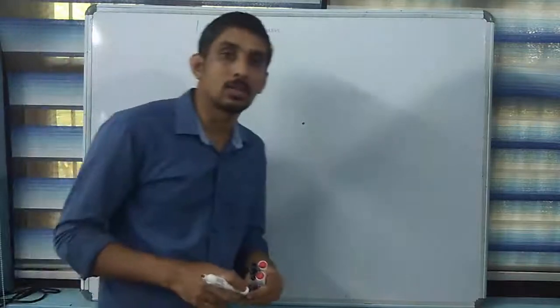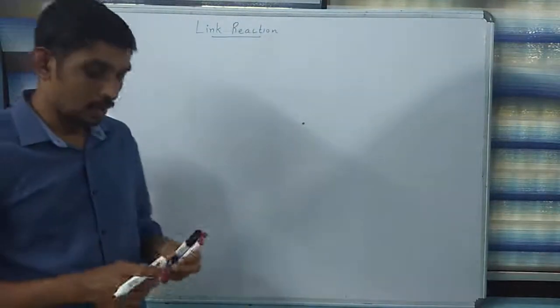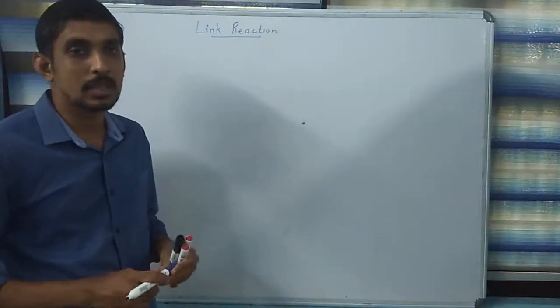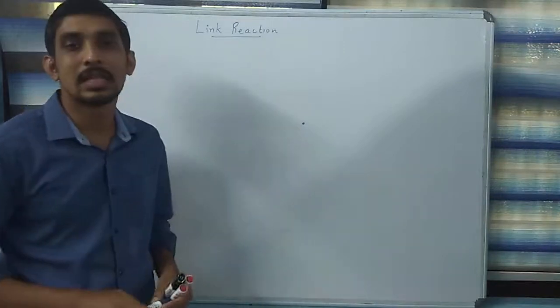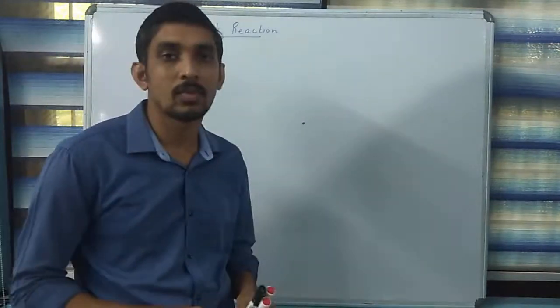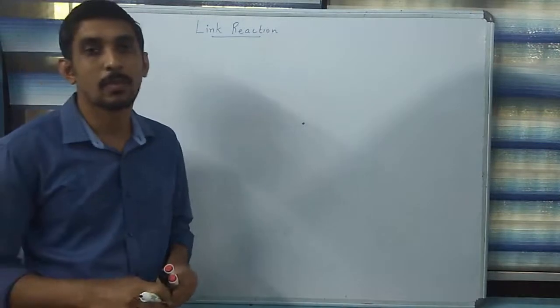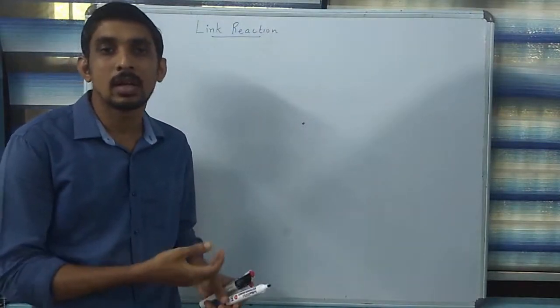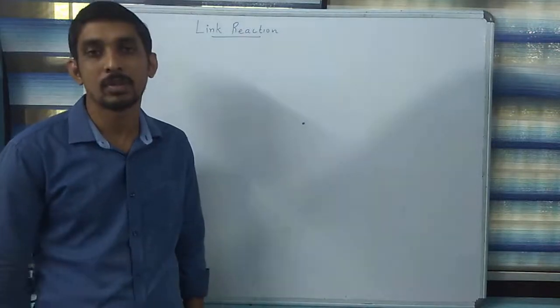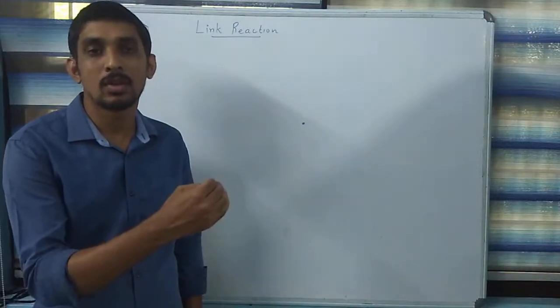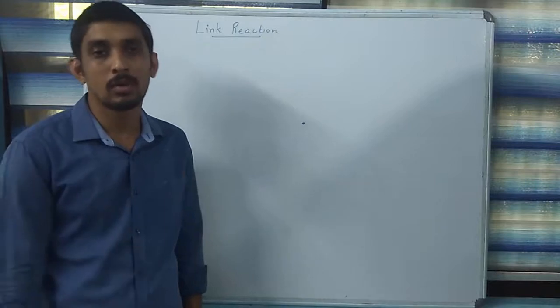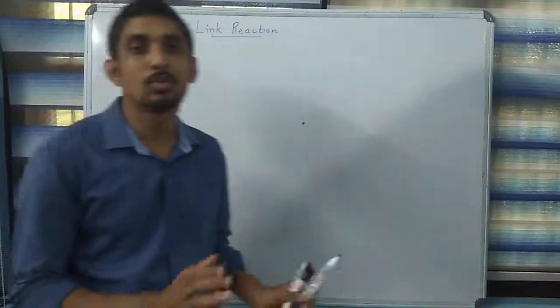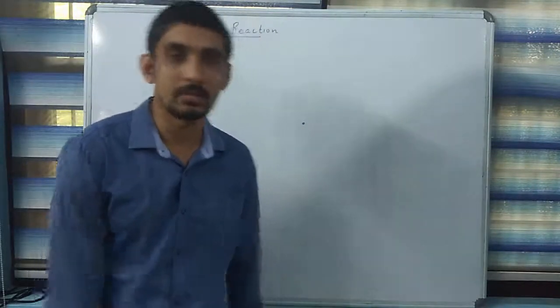In this video lecture, I would like to explain the process that is link reaction. We know that when we take the case of cellular aerobic respiration, you can see the breakdown of one molecule of glucose into two molecules of pyruvic acid.